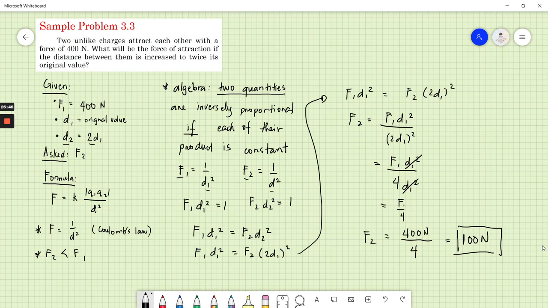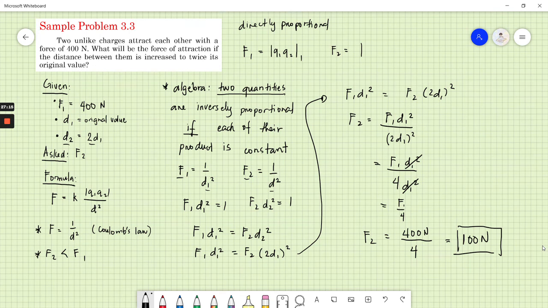The opposite is true for directly proportional. For example, we have F1 equal to q1 and q2, and our F2 is equal to, let's say, twice the value of both.